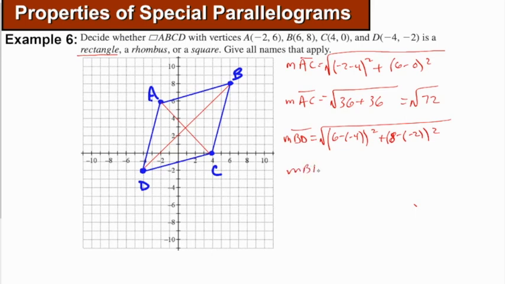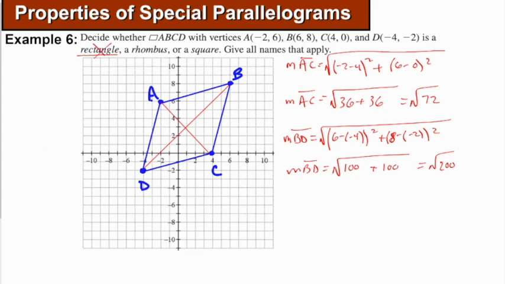We get the measure of BD. 6 minus -4 is 10. 10 squared is 100. 8 minus -2 is 10. 10 squared is 100. So we get the square root of 200. So we see the diagonals are not congruent, so it is not a rectangle.